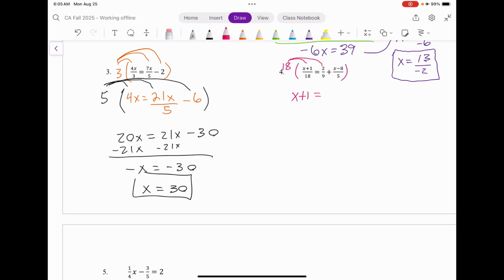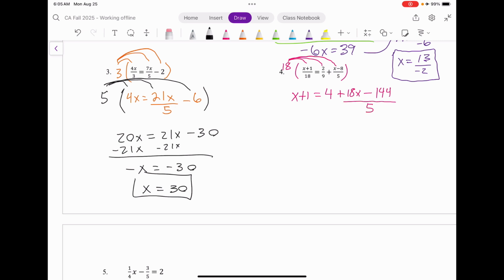Here, 18 over 9 is 2, so 2 times 2 is 4. And then 18 over 5 doesn't simplify, so we'll just distribute the 18 to the top. 18 times 8, what is that? 80 plus 64, 144. So minus 144 all over 5.